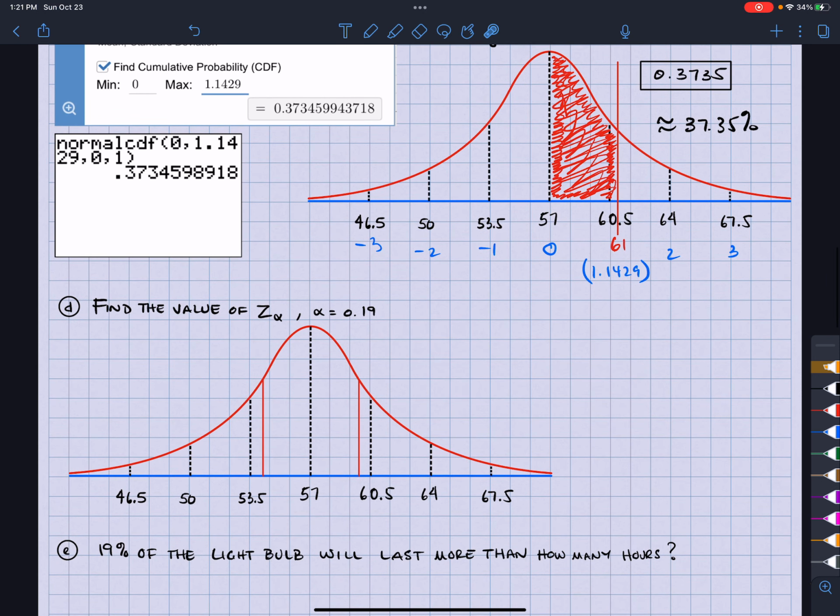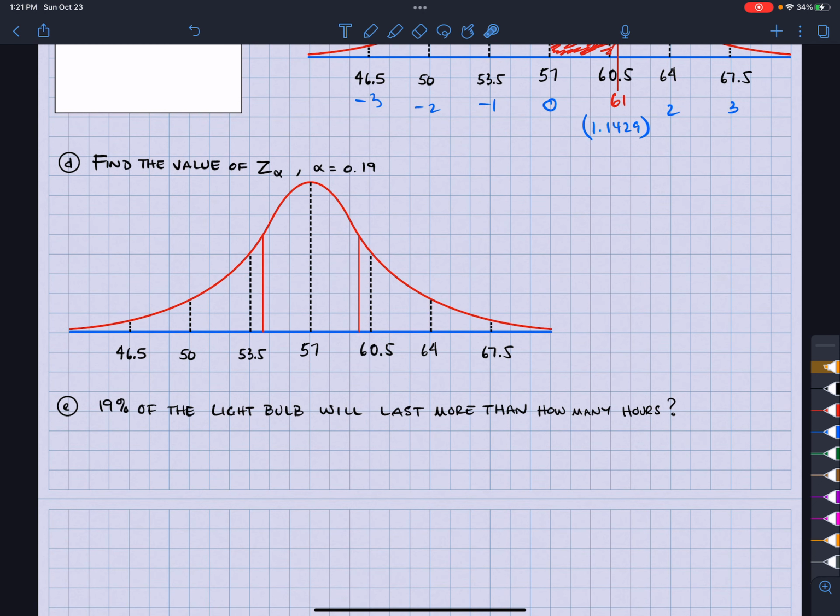Okay, so here's the next question. What if the problem was asking, if I'm looking for 19%? So if the alpha is given as 0.19, that is two possibilities. One possibility is the 19% that is lasting longer, or is it the 19% that's lasting less?